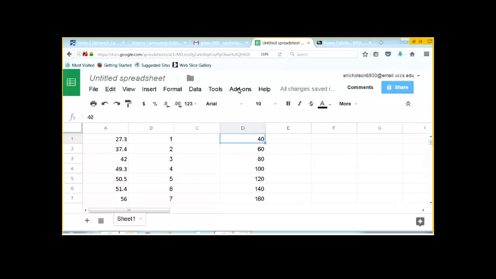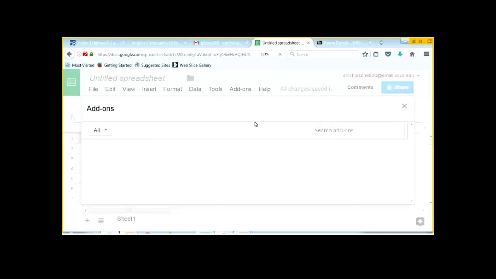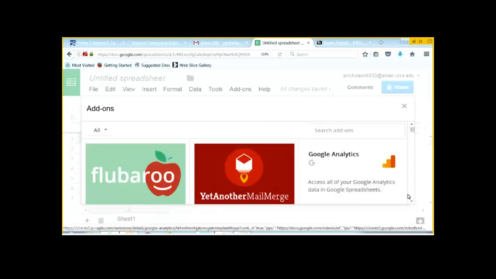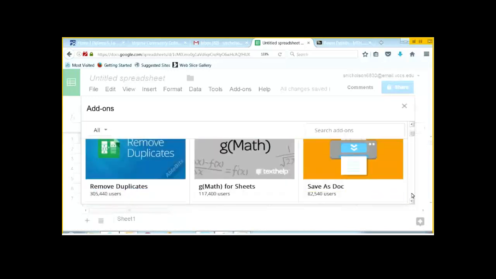I'm going to show you how this works. If you go to add-ons, then you can go to get add-ons. They have a whole bunch of different add-ons depending upon what you're looking at doing. There's probably some new ones that I don't know about.